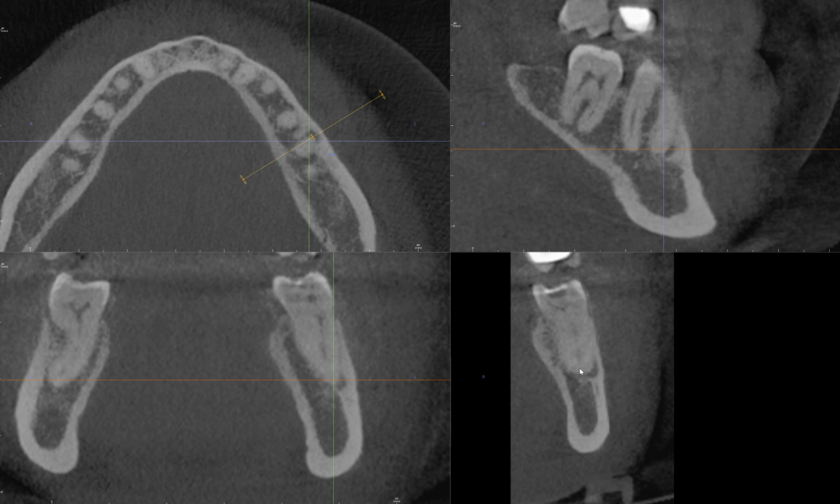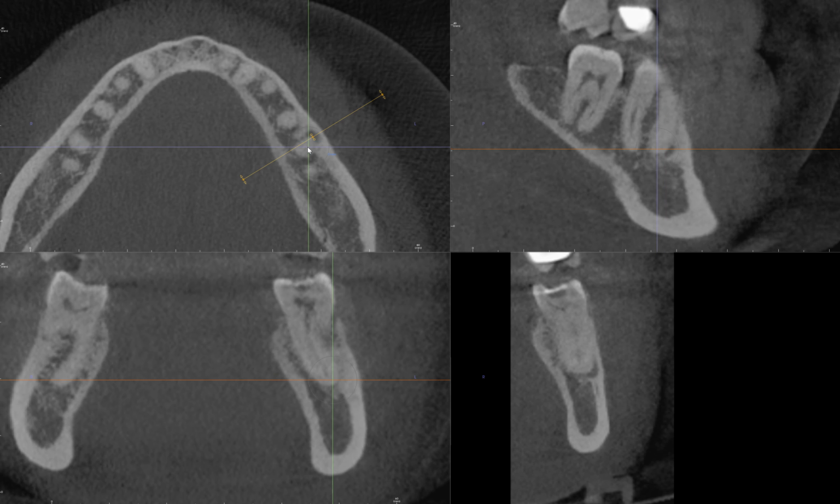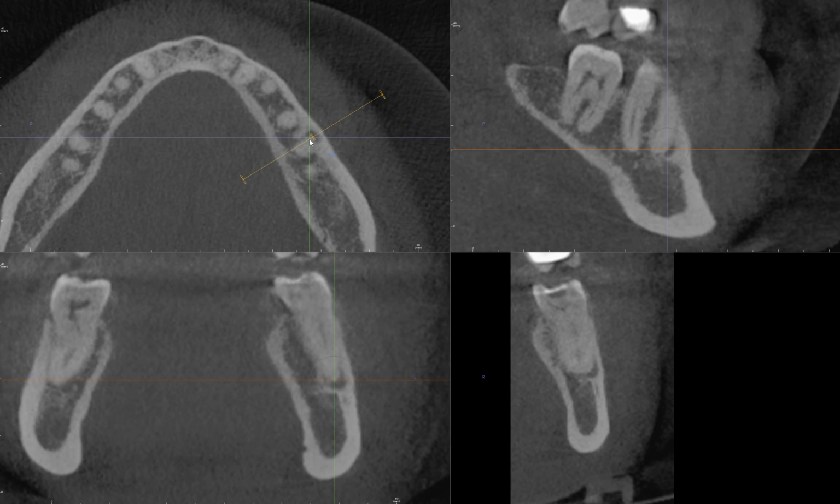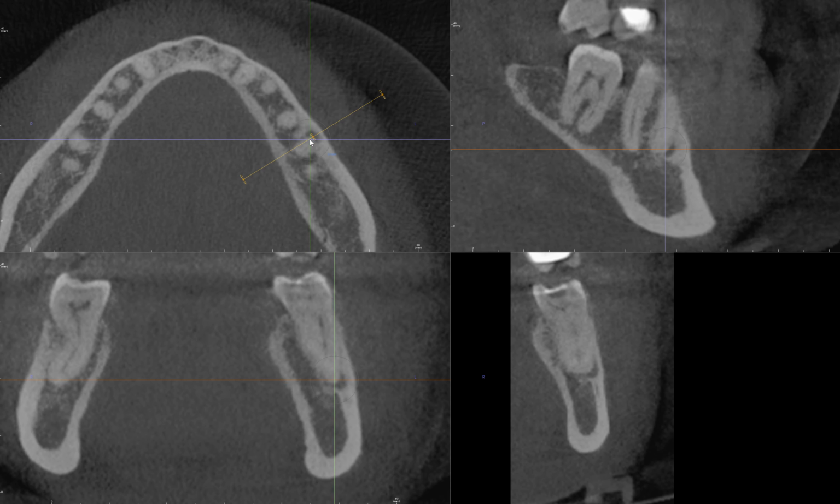One thing I know for sure is this patient is asymptomatic and the tooth tested vital as well. So given that information, what would you say this is? It's primarily radiolucent with a sclerotic border.